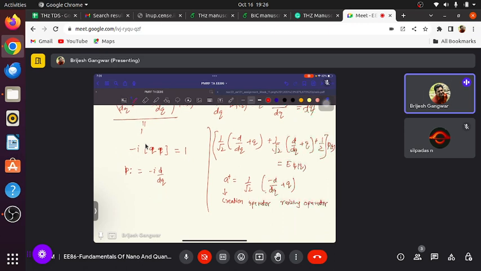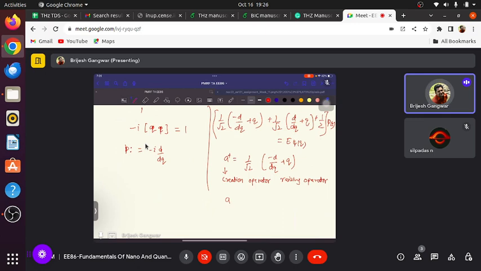Okay, so similarly you can write 1 by root 2 d over dq plus q, and this is known as the annihilation operator or the lowering operator.